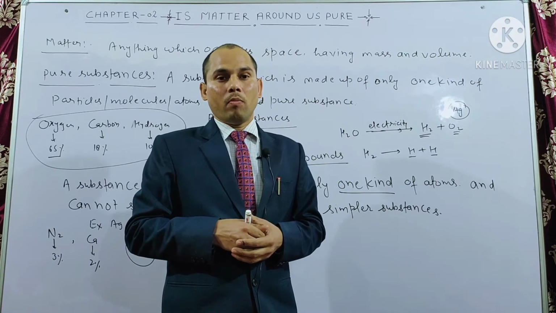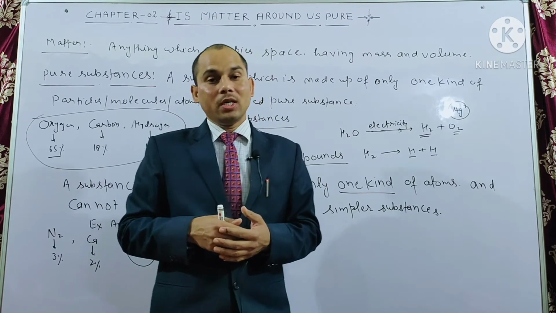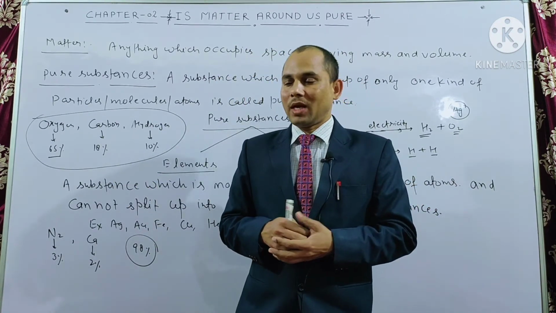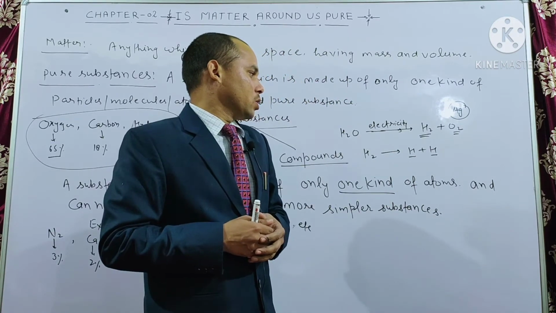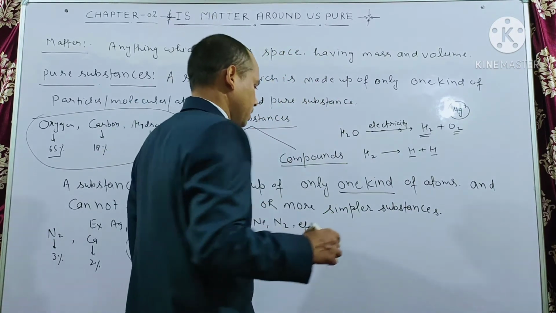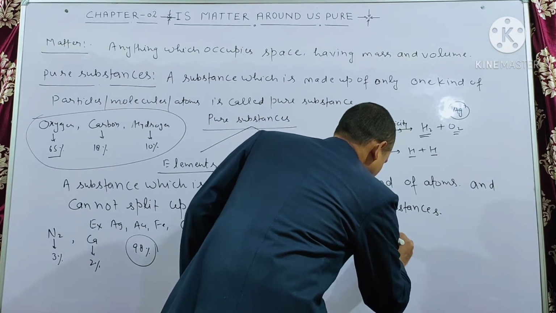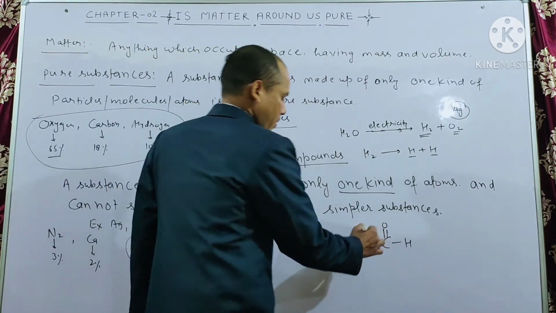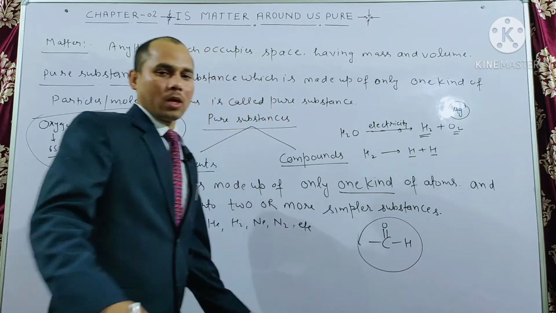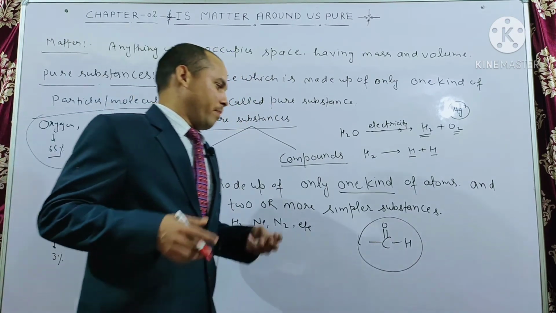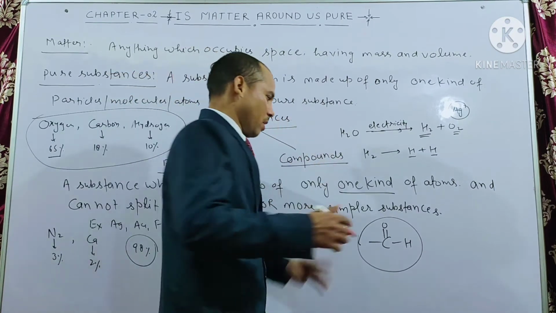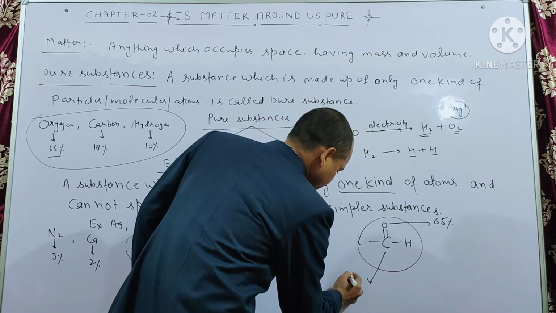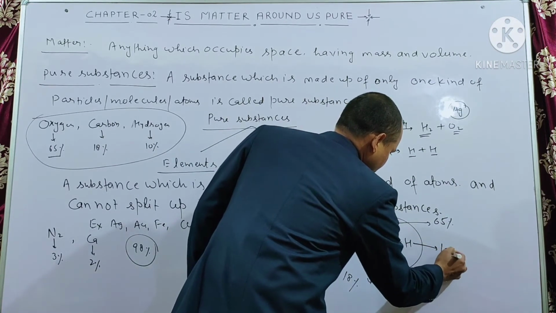You have studied in class 10 some functional groups like aldehydes, ketones, esters, and alcohols. The aldehyde group is C double bond O H. You can remember by this aldehyde group that our body is made up of 3 main components: oxygen 65%, carbon 18%, and hydrogen 10%, right?